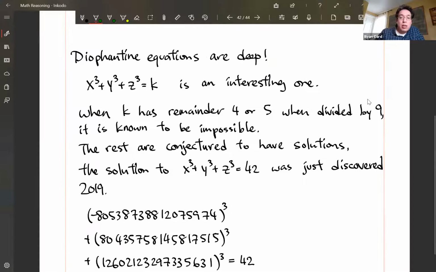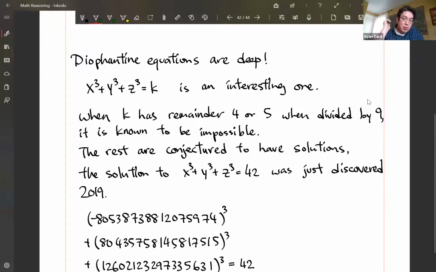One example of a set of equations like this is x cubed plus y cubed plus z cubed equals k. So what number k could be written as a sum of 3 cubes? They don't have to be different, just 3 cubes.